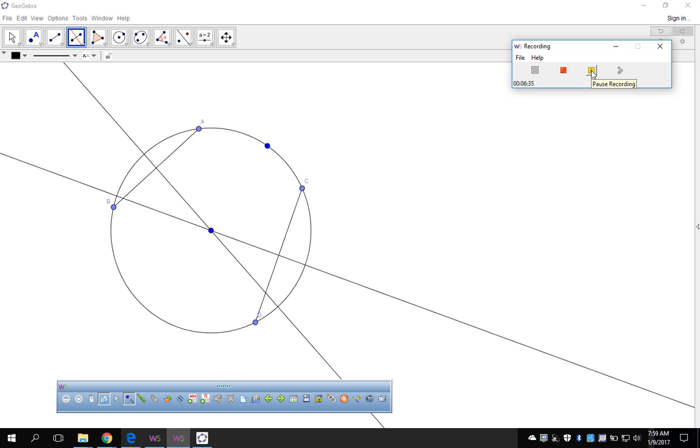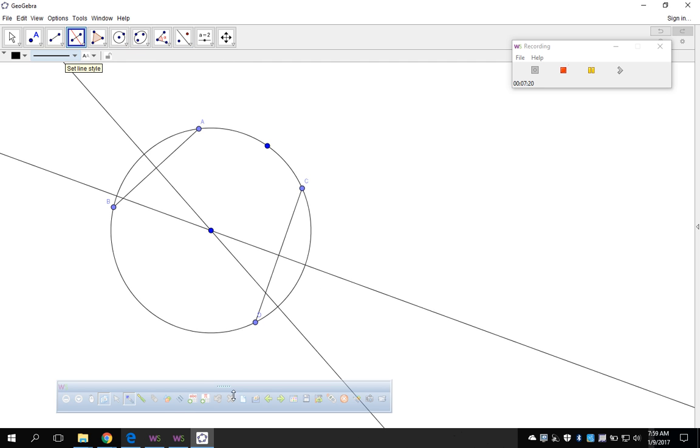The perpendicular bisector of a chord passes through the what? Center of the circle. Okay? As you notice, whenever I made the perpendicular bisector of these chords, it always goes through the center of the circle, right?